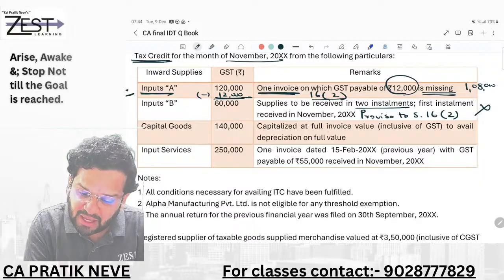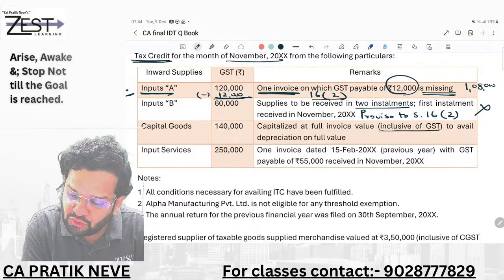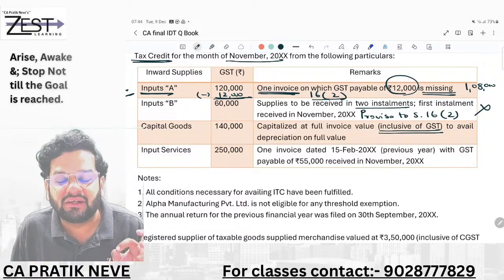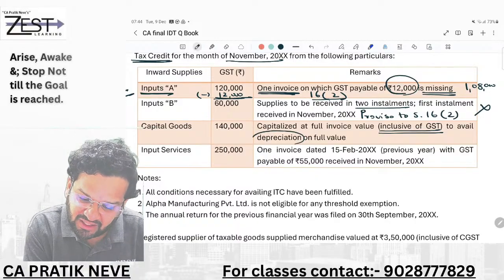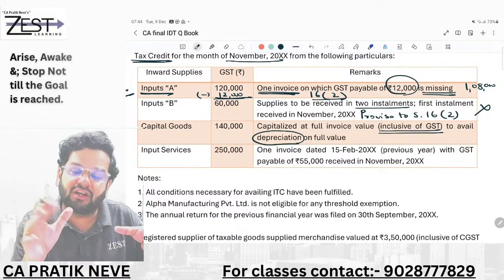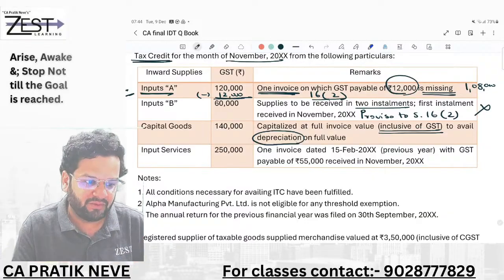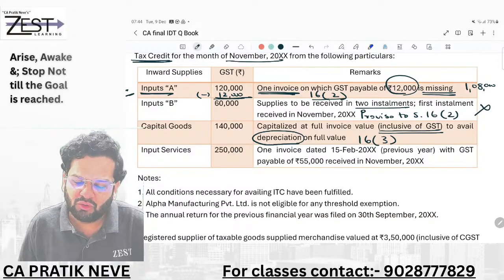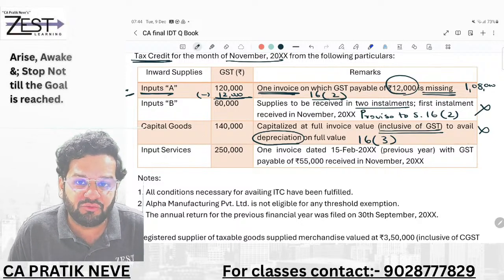Then when I talk about CG, it is capitalized at full invoice value, inclusive of GST. So of that GST you can't claim ITC because you have taken depreciation under the Income Tax Act on the GST element also. So 16(3) doesn't allow you to take ITC. Mind you, students here get confused.